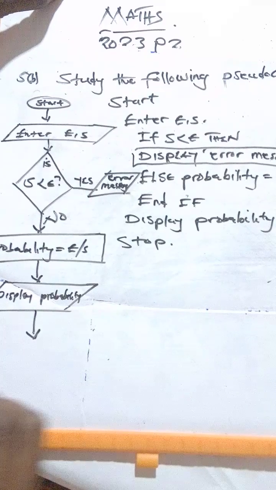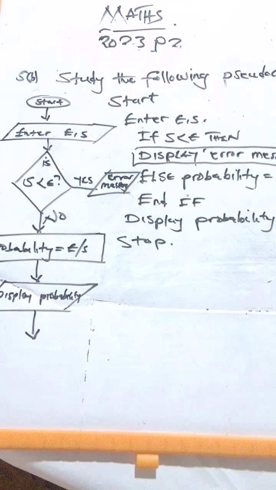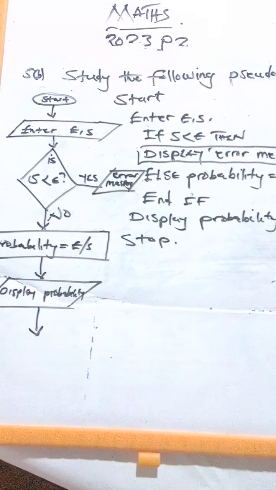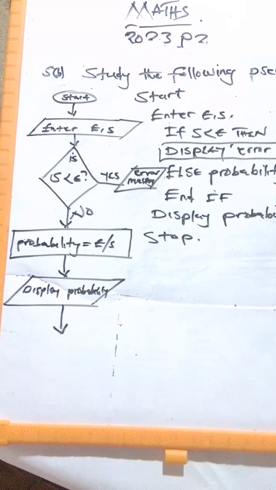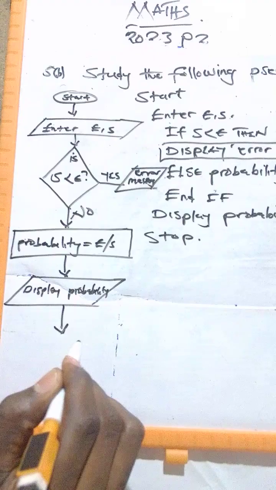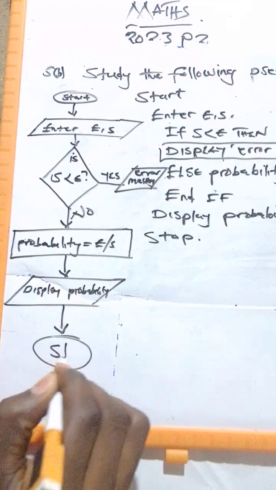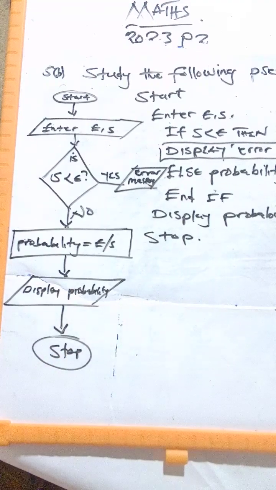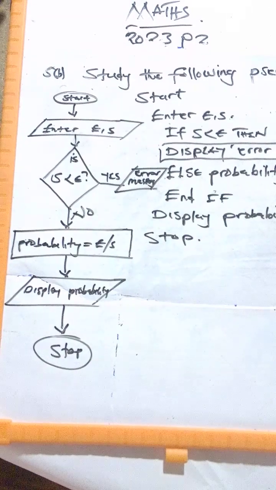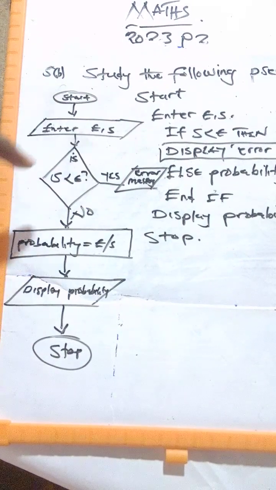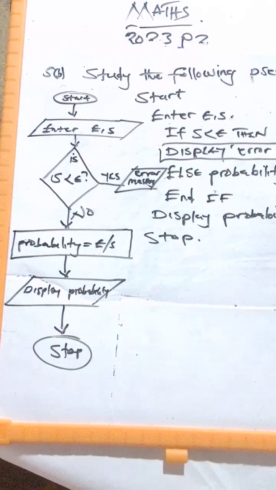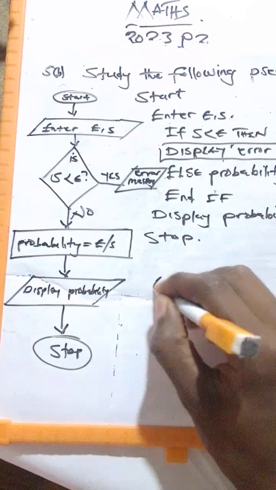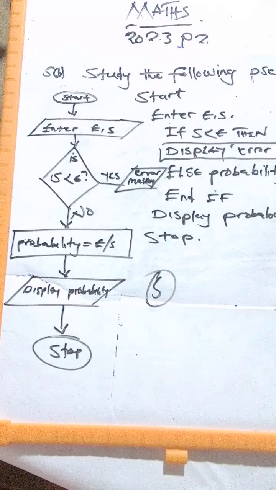Then you put your stop here. So we'll say stop. So that is how we answer computer questions. Some computer questions are long, whereby the decision box will come twice. So this is 5 marks. Next question.